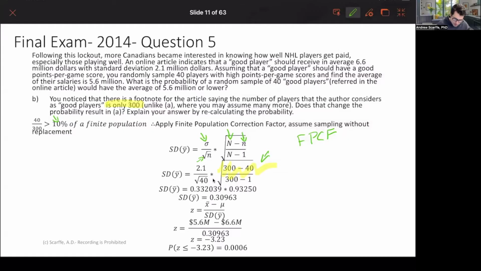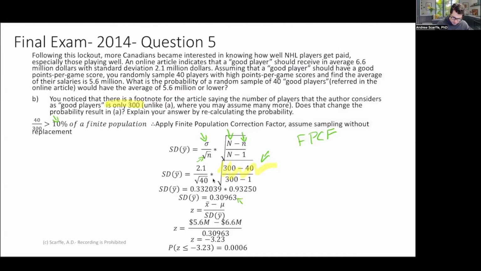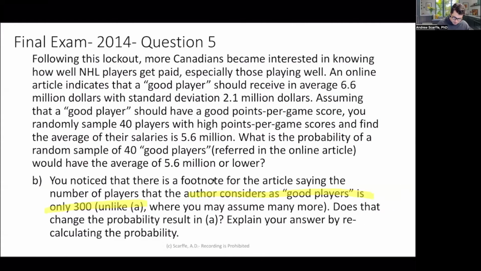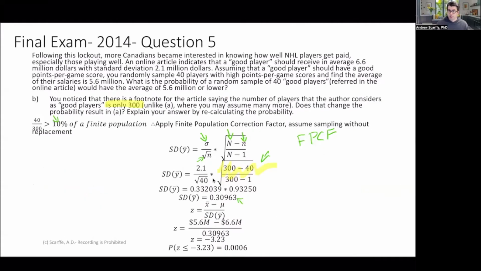So now that we have our revised standard deviation of the mean of our sample to be 0.30963, if we go back to the previous question, remember that we had 0.33. So our standard deviation got a little bit smaller there. And all we're going to do is calculate our z-score. In this case, we get a larger z-score.